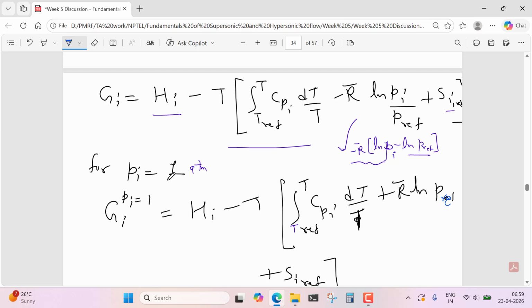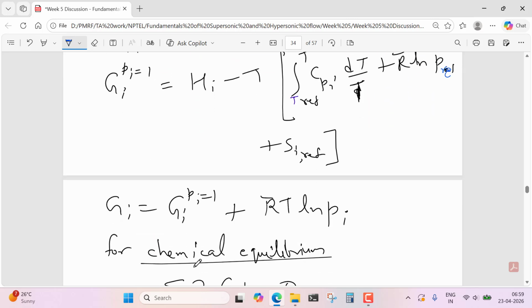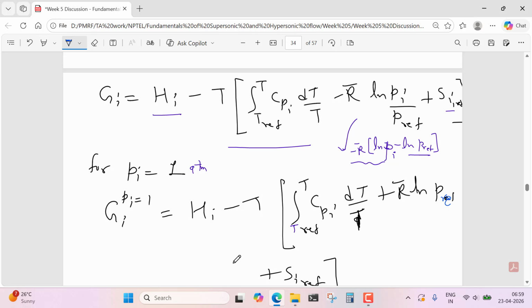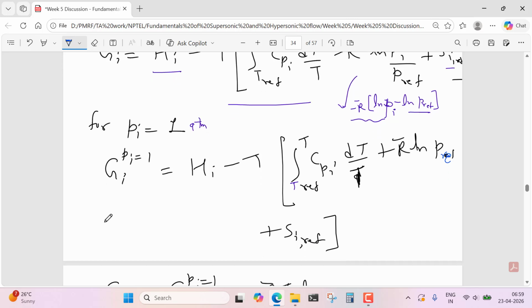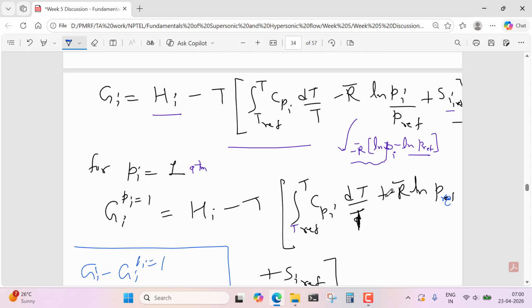So if we subtract equation 2 from equation 1, then on the left hand side we will get gi minus gi at Pi equal to 1. hi will cancel, this term is same so it will also cancel. si reference is same, it will also cancel, and the P reference term is also same, so it will also cancel.